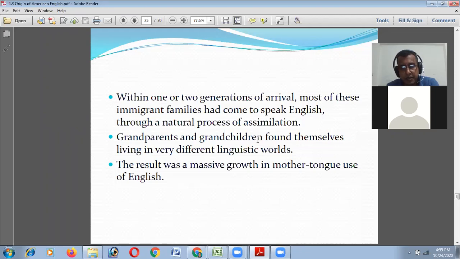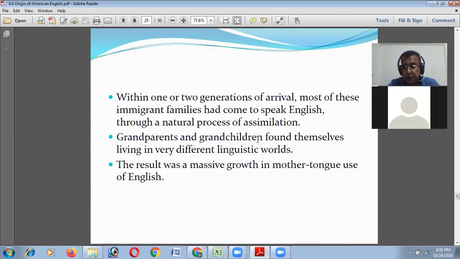But when the second generation comes, born of German or Italian parents, they start using the English language as their first language. Why? Because English is used all around. Only the French, Dutch, or Spanish people use their mother tongue within their home.